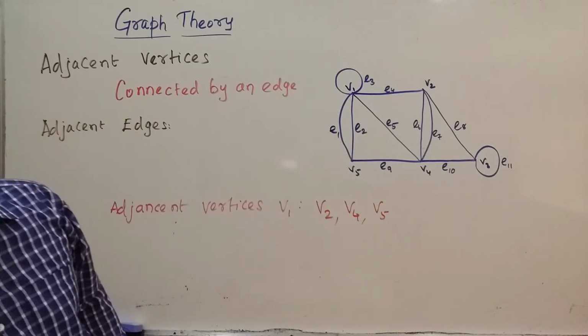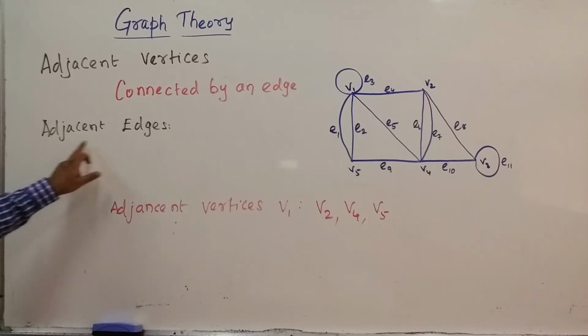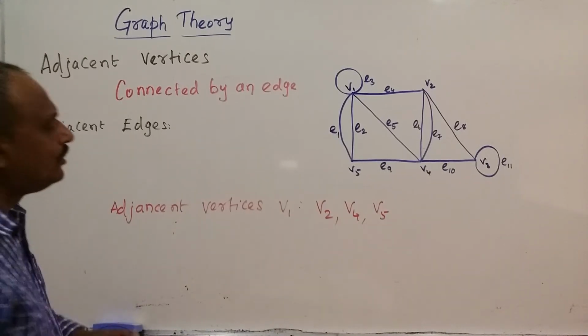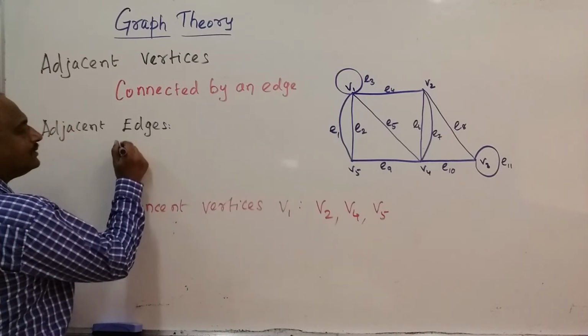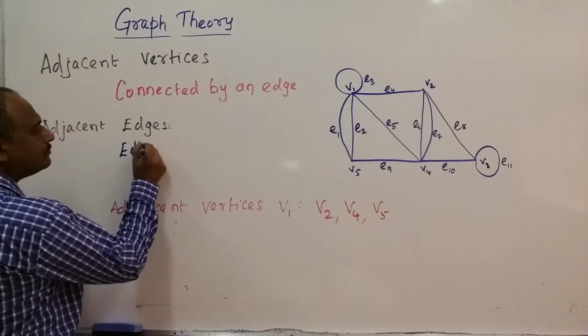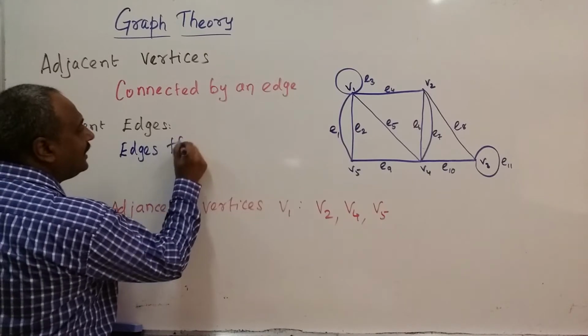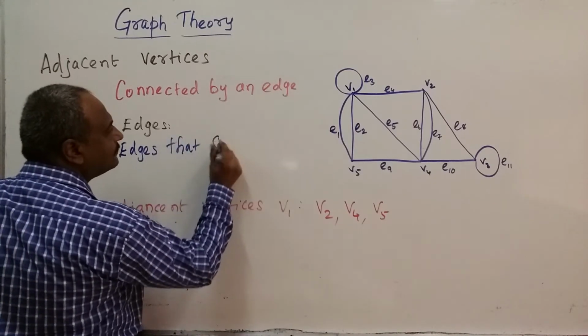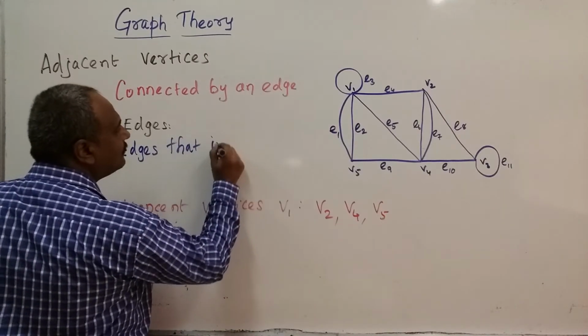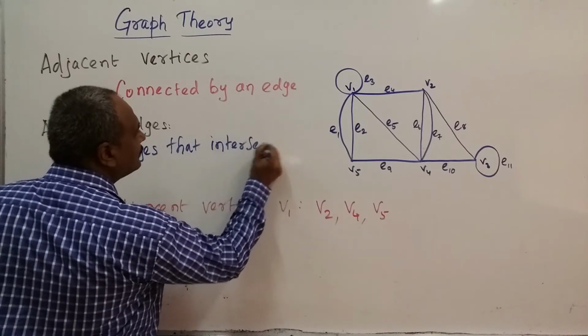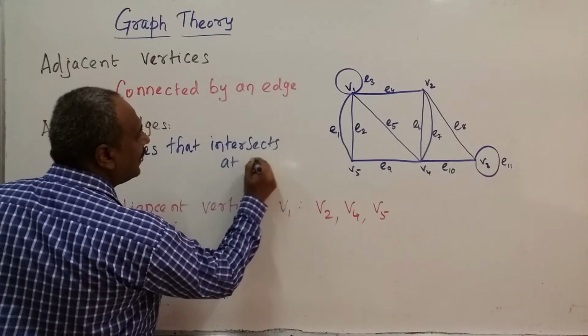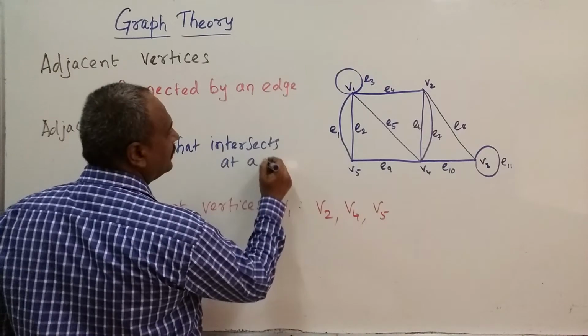In the opposite, when we are discussing adjacent edges, these are the edges that intersect at a vertex.